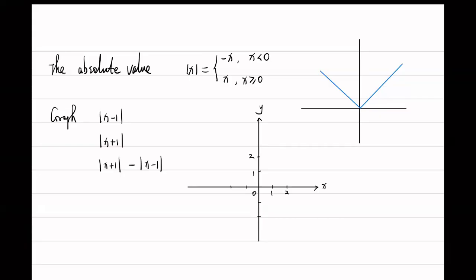Okay, Sophia, how do you graph the first one? X minus 1, then absolute value. Is it similar to this one? It transforms the whole thing, right? Okay, because when X is 1, this is 0, so we translate this to the right by 1 unit.